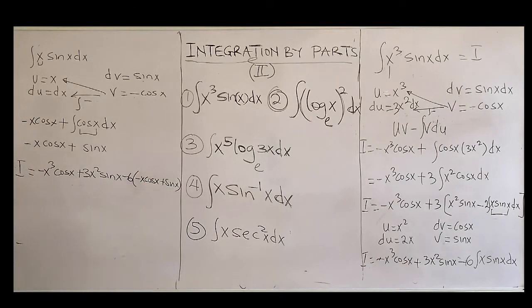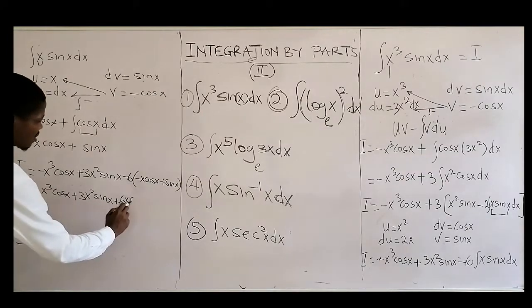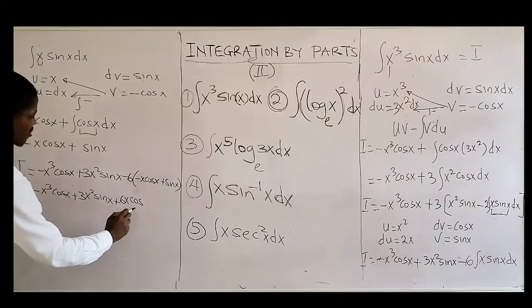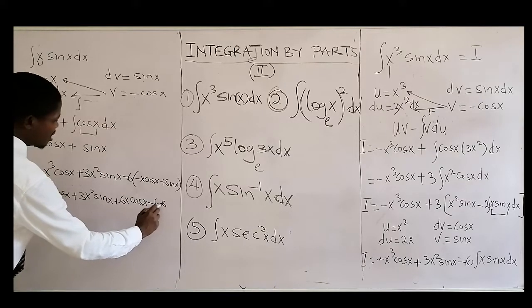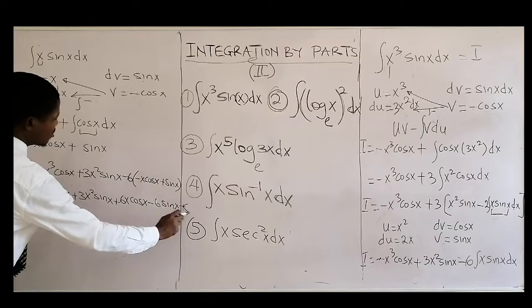You close it. Then you can open the bracket. That will be minus x cubed cos x plus 3x squared sin x. Then this one times this one, minus times minus gives plus, 6x cos x, and then minus 6 sin x plus c.